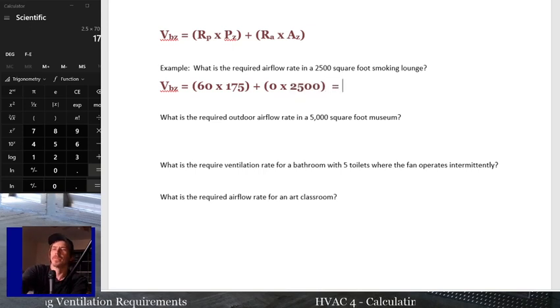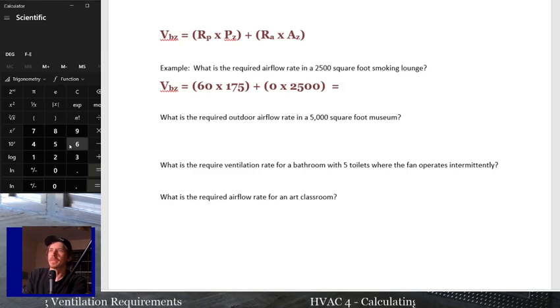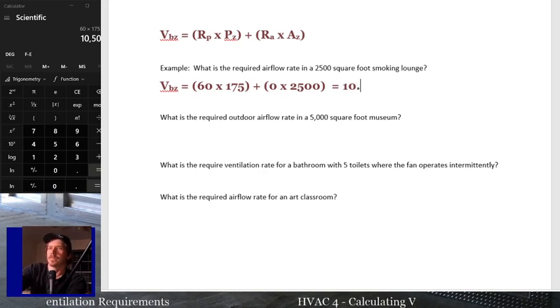So this equals 60 times 175. 60 times 175 is 10,500, plus 0 times 2,500 is 0.